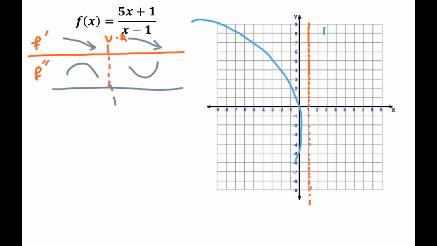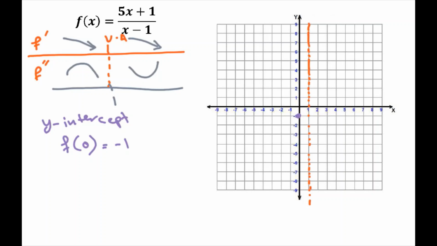Okay, I need to find something else to help me here. So I need to find the y-intercept and x-intercepts basically. To help me, at least the y-intercept. The y-intercept is basically when x equals 0, and if you substitute f(0), you will get negative 1. So I know (0, negative 1) is going to be my y-intercept.